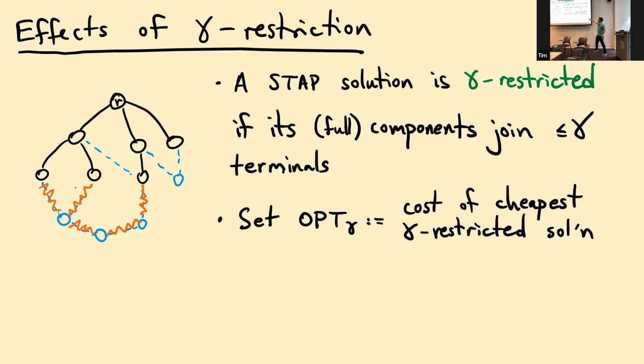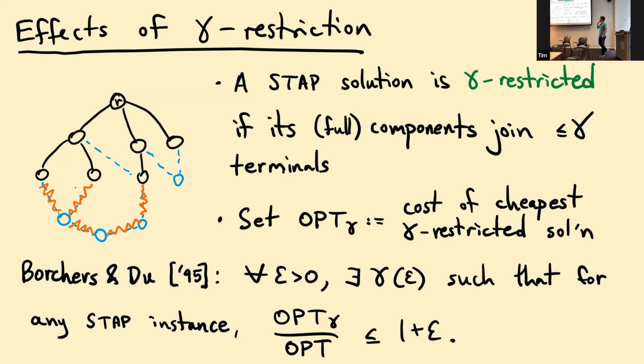Okay, if opt gamma is the cost of the cheapest gamma restricted solution, then you can use an old result on Steiner trees to show this for STAP as well.